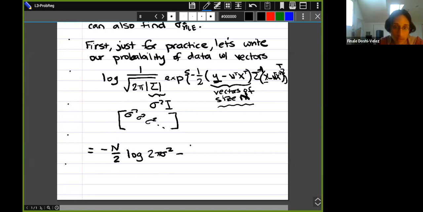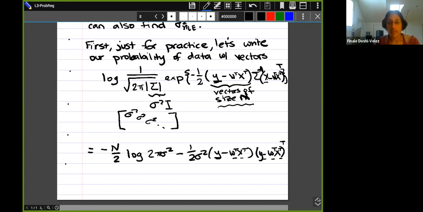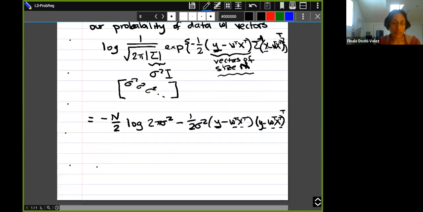And now we have a negative 1 over 2 sigma squared, because we can just pull out that factor of sigma squared, times (y minus w transpose x) transpose (y minus w transpose x). All of these are vectors. Right, so here we have our expression.